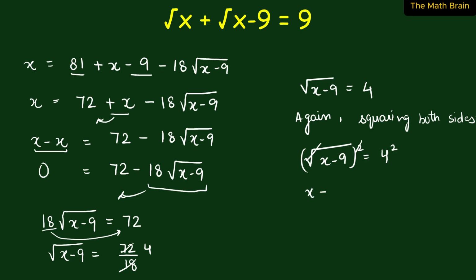We are left with x minus 9 is equal to 16. x is equal to 16 plus 9. So x is equal to 25.